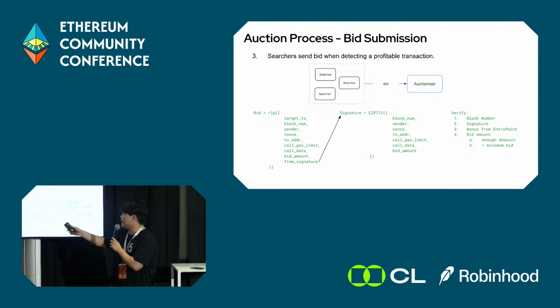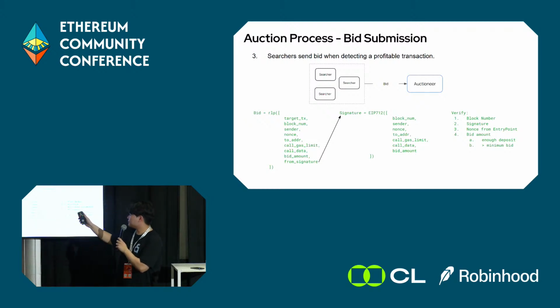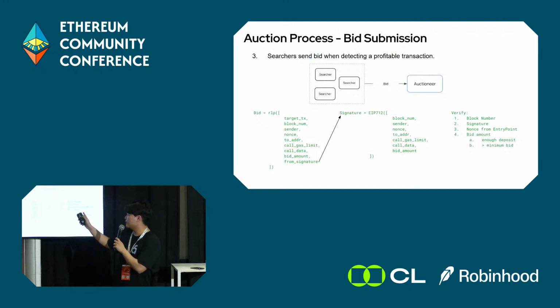And they will sign this RLP encoded data to prove the bid really comes from the searcher, and the auctioneer will verify the block number, signature, and nonce from the entry point and bid amount. Like they have the same nonce as in the entry point, and they have enough deposit to pay the bid and the gas.